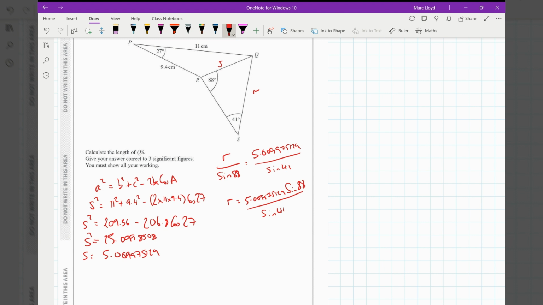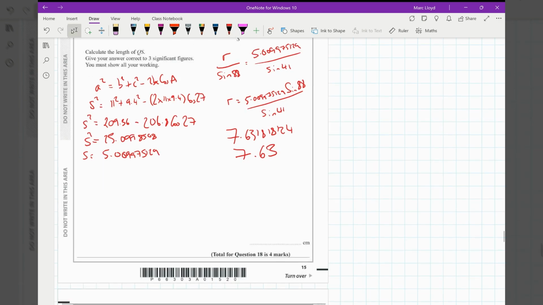I've kept it in my calculator. Sin 88, equals, divided by sin 41, and that gives us an answer of 7.6318188124, so 7.63. And that's the three significant figures.